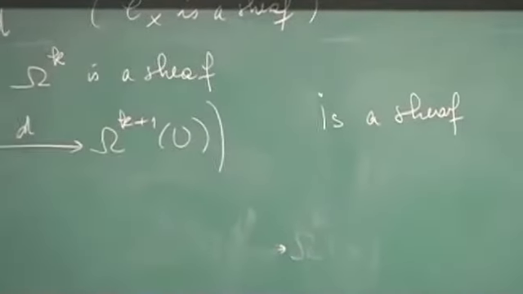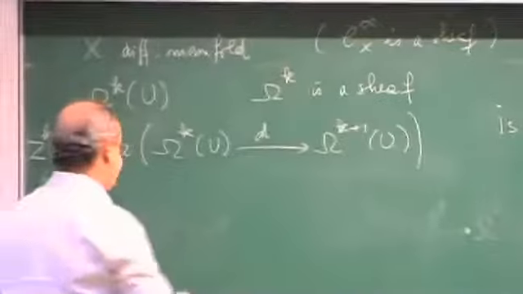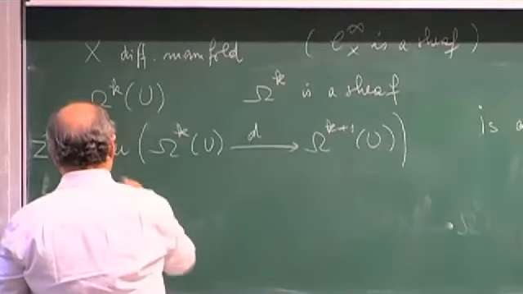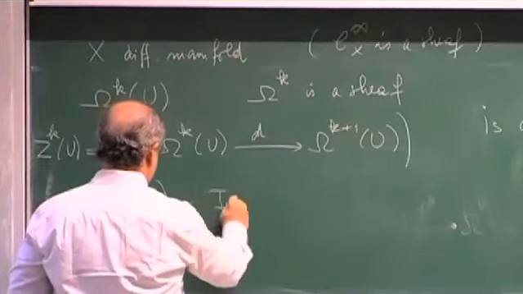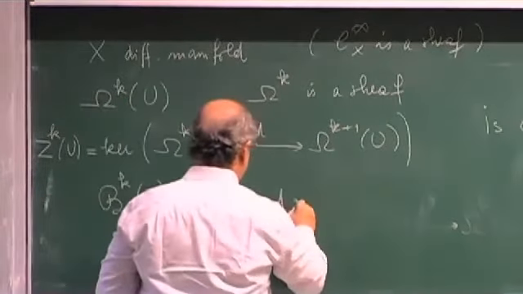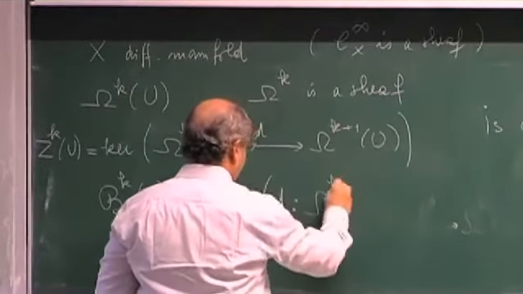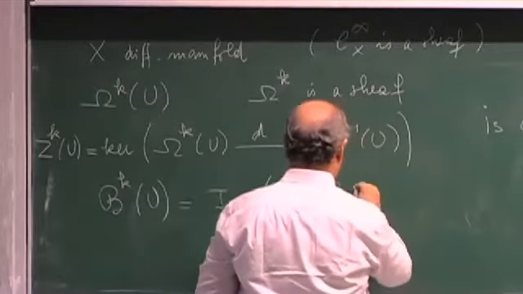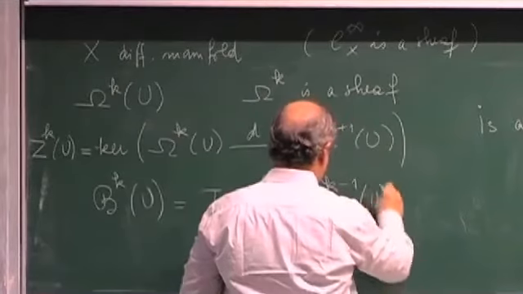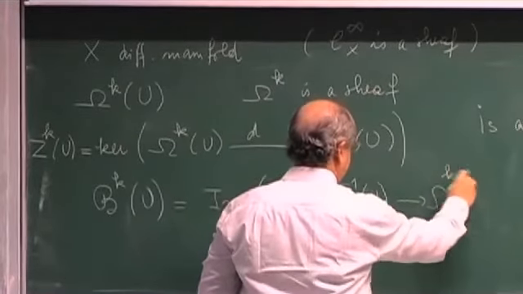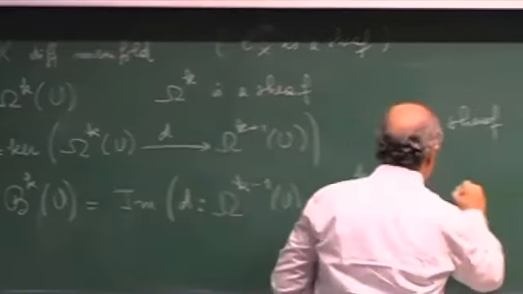On the other hand, you may consider the image, what are called the exact forms. So the image of d going from the k minus 1 forms to the k forms. And I claim that this is not a sheaf.